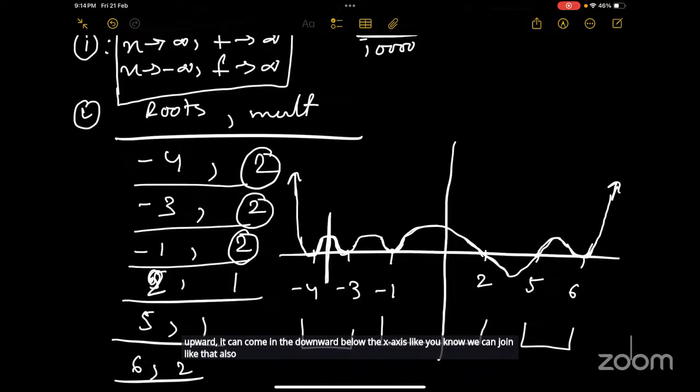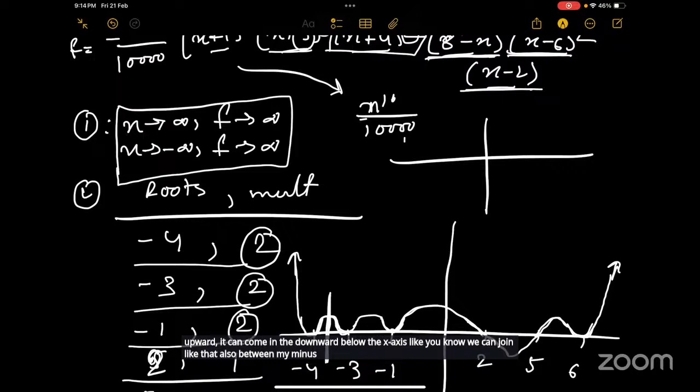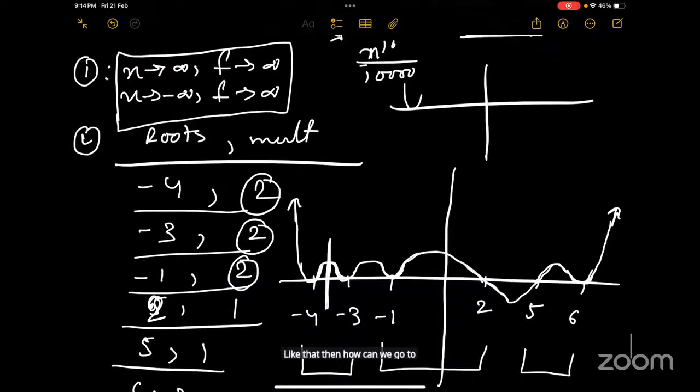For example, we have minus 4 and the line like that. Then how can we go below, then join the line? Minus 4, how will it go below? If you draw something below, then the end will go to minus infinity.